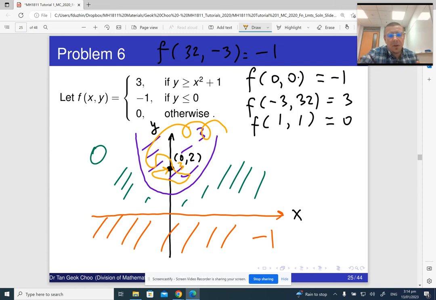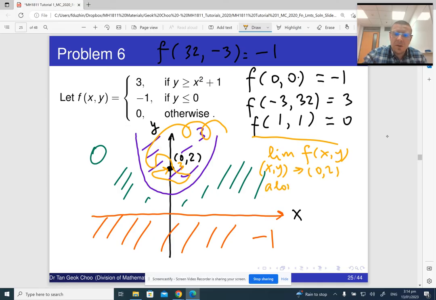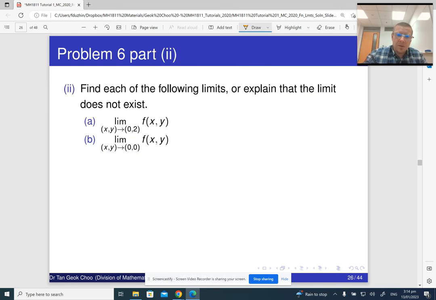The limit along any path is still going to be 3 because the function is just constant, right? So the limit of my function as (x, y) approaches (0, 2) along any path is going to be 3, which means that the limit here is 3.